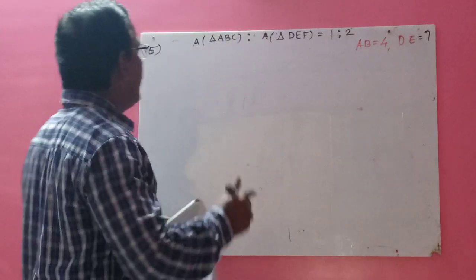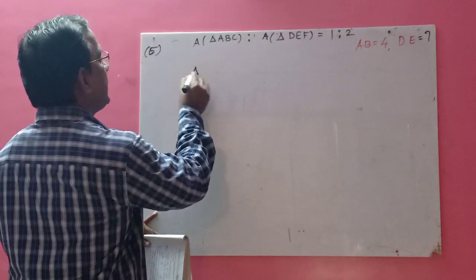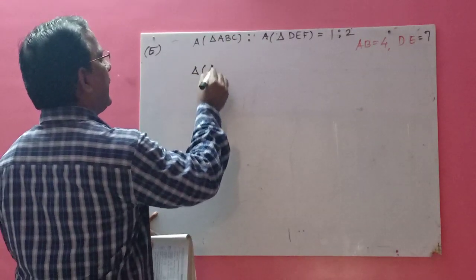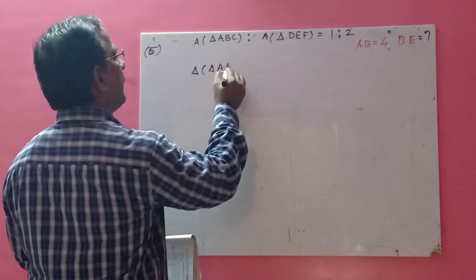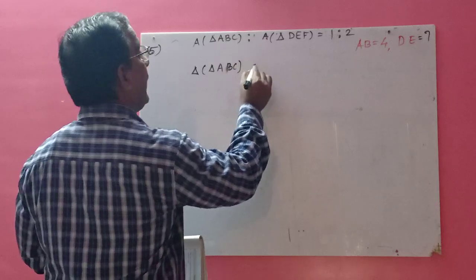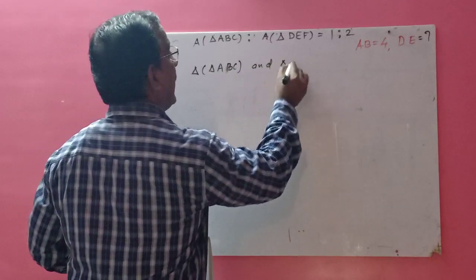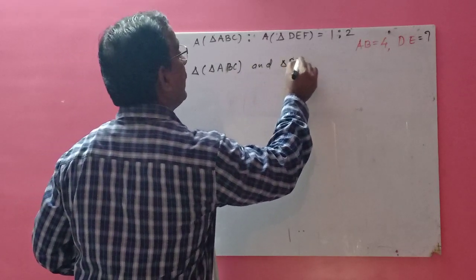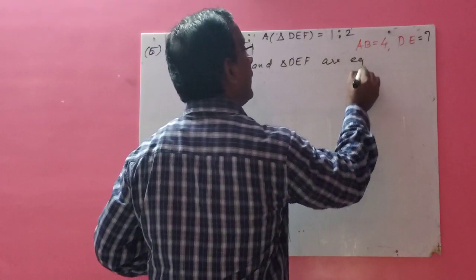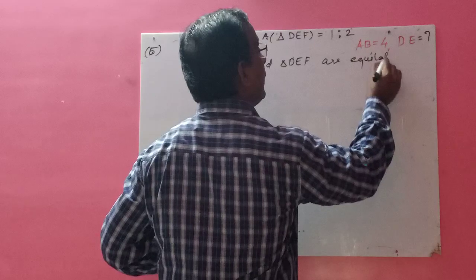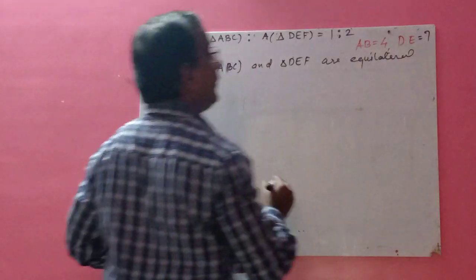Okay. So directly you will write here that triangle ABC and triangle DEF are equilateral triangles.